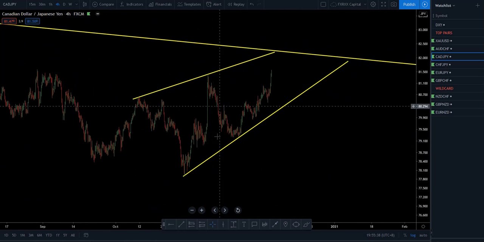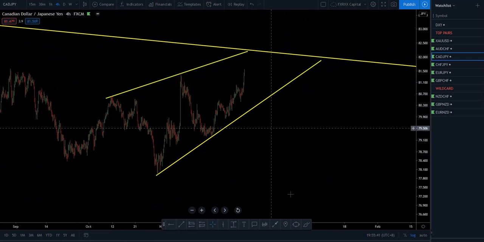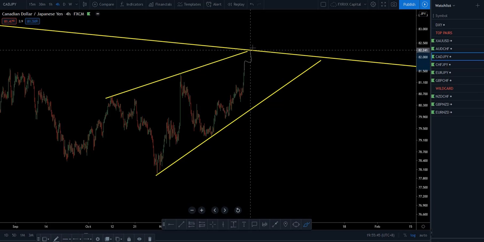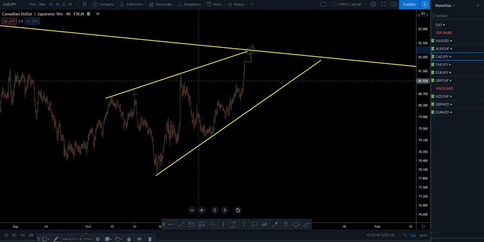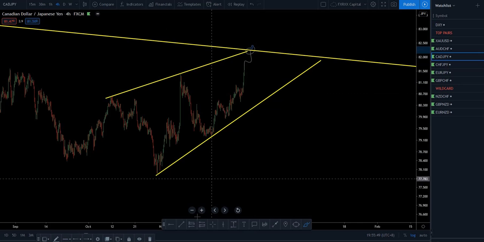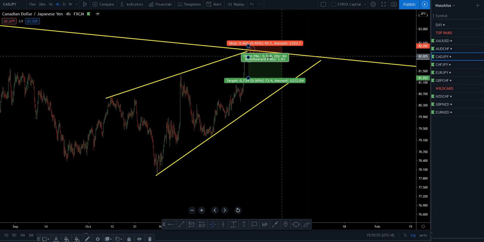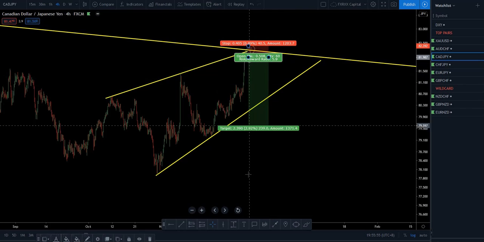If we move to low time frame, you can see price at the third touch from this area. What I'm looking for is price to move to this area one more time, make a third touch and move to high probability area.